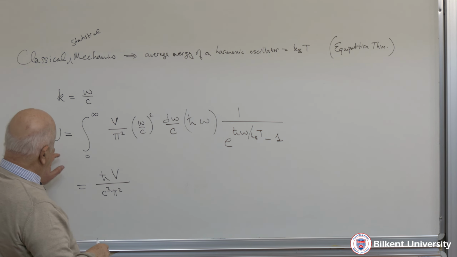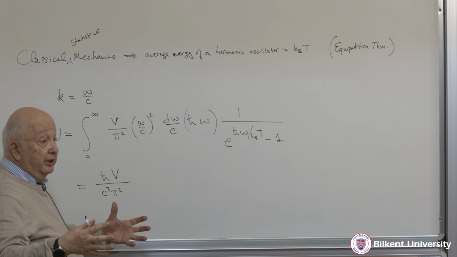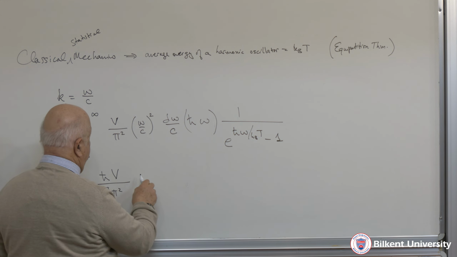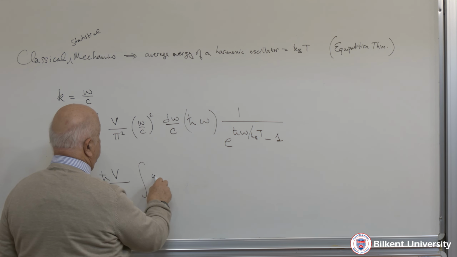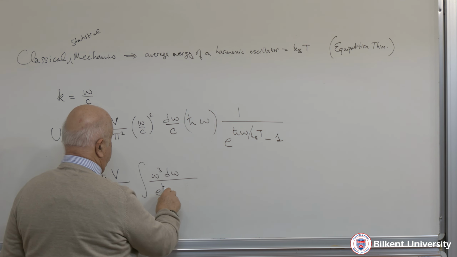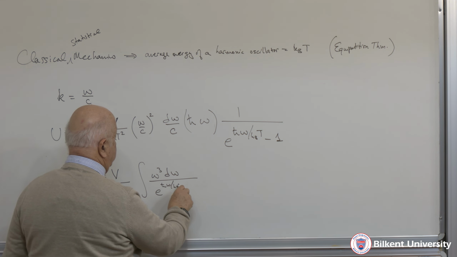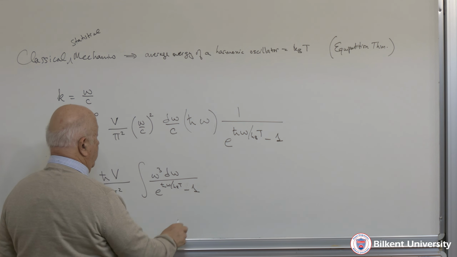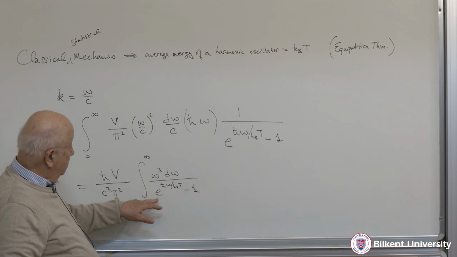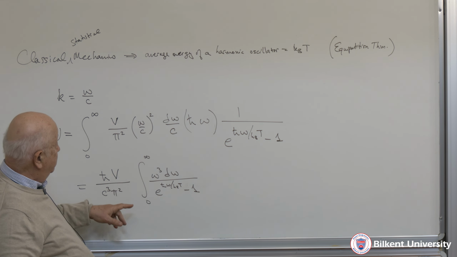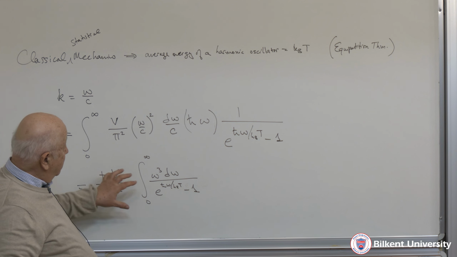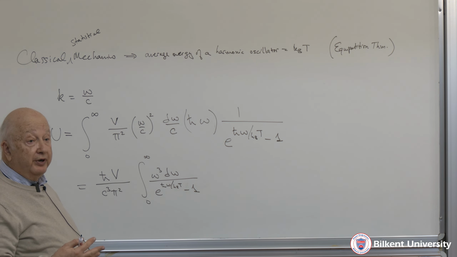So the energy of the black box, the total energy inside, is proportional to the volume, as you might expect. And then I have omega cubed d omega divided by e to the h bar omega over kBT minus 1, from 0 to infinity. So what you can do now is interpret this thing, without the integral, as some sort of energy per frequency.